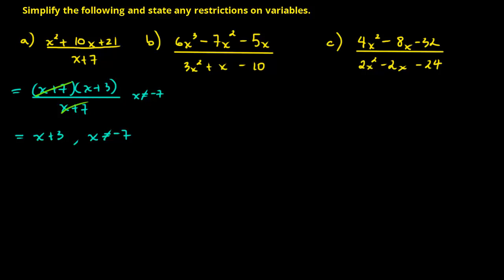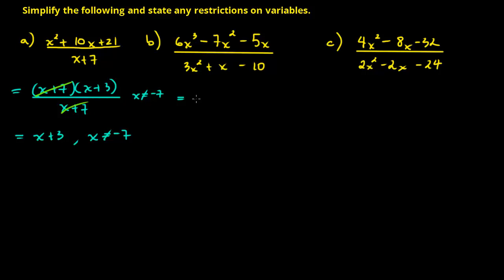In example B, we're told to simplify 6x cubed minus 7x squared minus 5x, all divided by 3x squared plus x minus 10. So to simplify this expression, we'll factor both the numerator and denominator. So the numerator, there's a common factor of x.